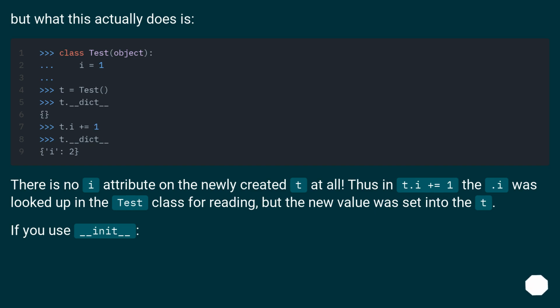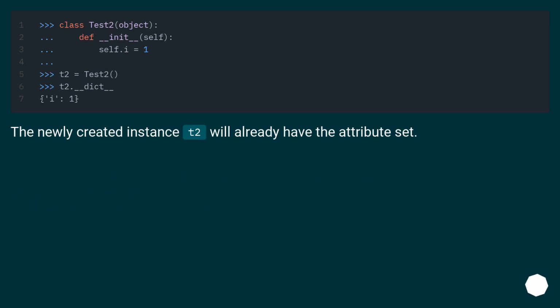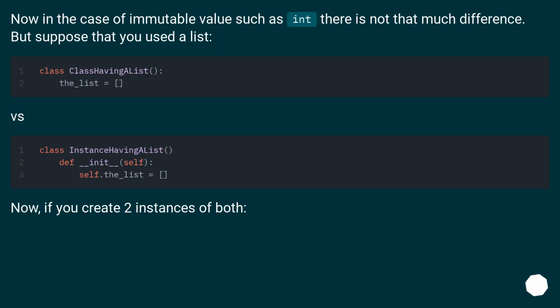If you use __init__, the newly created instance T2 will already have the attribute set. Now in the case of an immutable value such as int, there is not that much difference. But suppose that you used a list versus this.